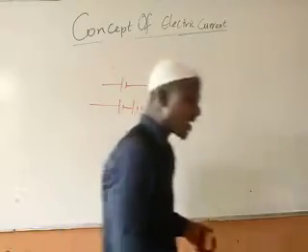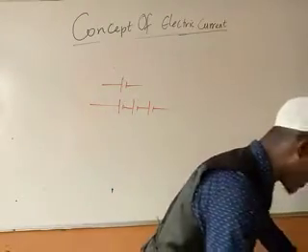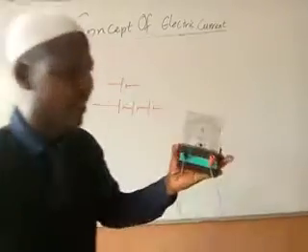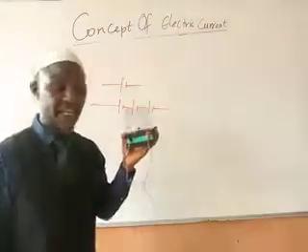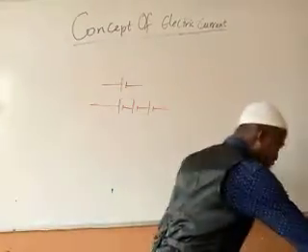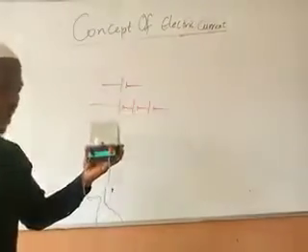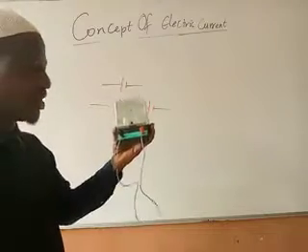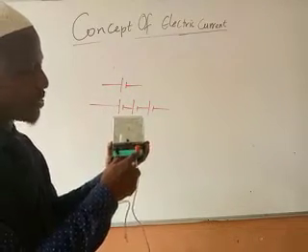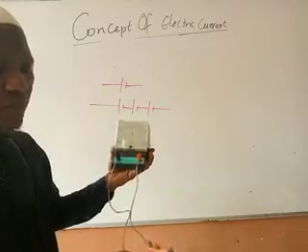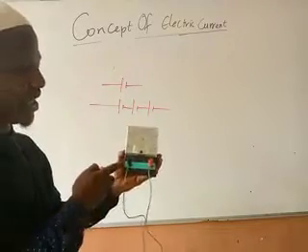So we have another component called the voltmeter. We use it to measure the voltage in the circuit. Therefore, I can easily use it to measure the voltage in this battery. What I just need to do is make sure you connect the positive terminal of the voltmeter to the positive terminal of the battery, then negative to negative.